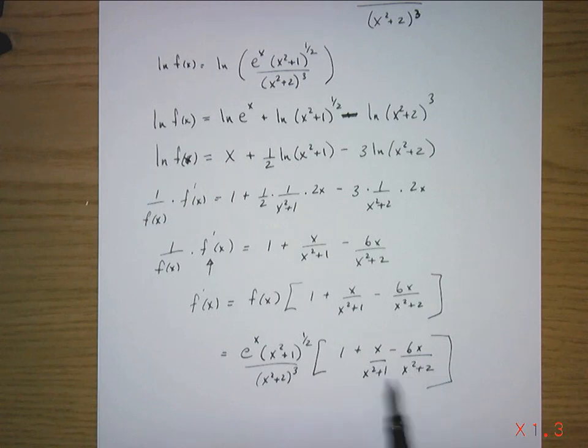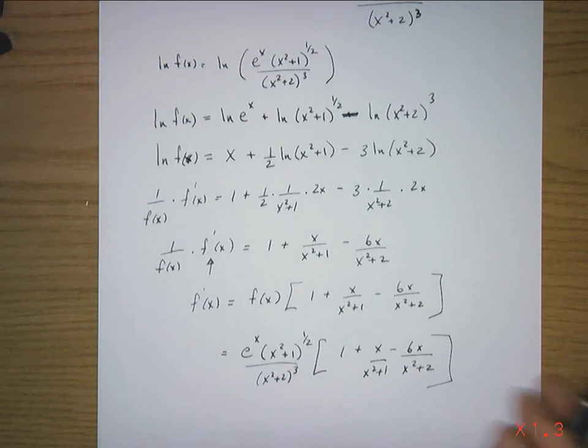Now, if I needed to, I could get a common denominator and work this out. But again, in terms of teaching you how to do logarithmic differentiation, this is okay.